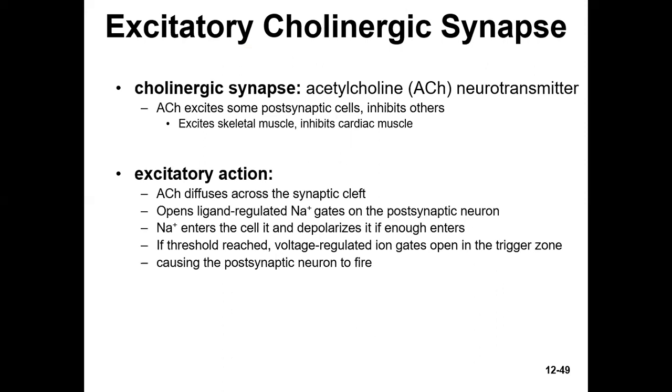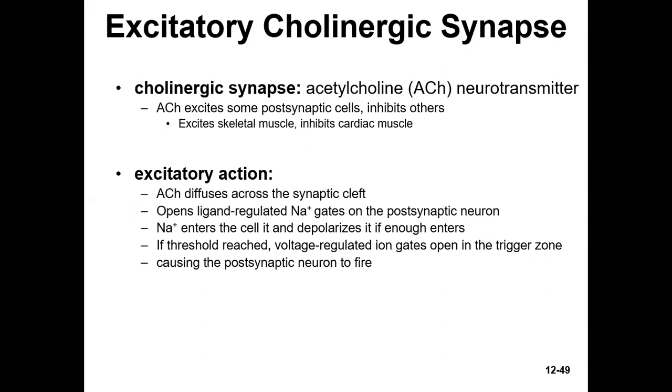If it has an excitatory action, as in the case of skeletal muscle, the acetylcholine will diffuse across the cleft. It will open ligand-regulated sodium gates on the postsynaptic neuron, whereby sodium will enter the cell and depolarize it if enough enters.